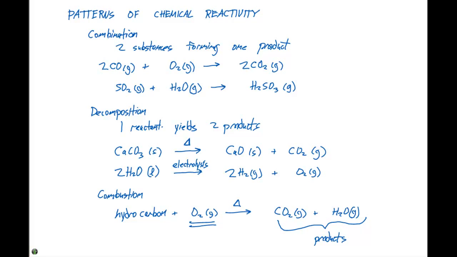So let's talk about how we might balance one of these combustion reactions. We'll give an example of C7H16 as a gas plus oxygen as a gas. If we heat these up, this is going to give carbon dioxide plus water.